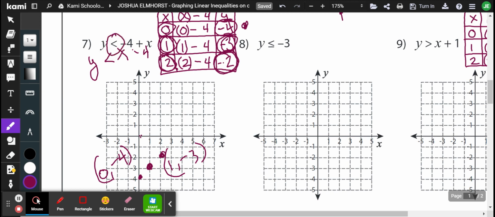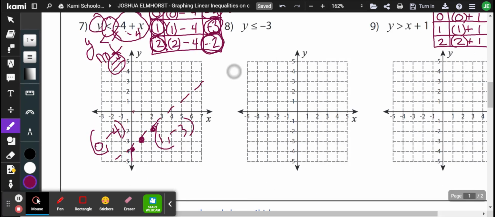Okay, now we look at our sign. It is not equal, so it's not going to be a solid line. And then y is below this rule. The rule is the line, and then y is below. So we're going to go down below the line on y, and then shade this area in.